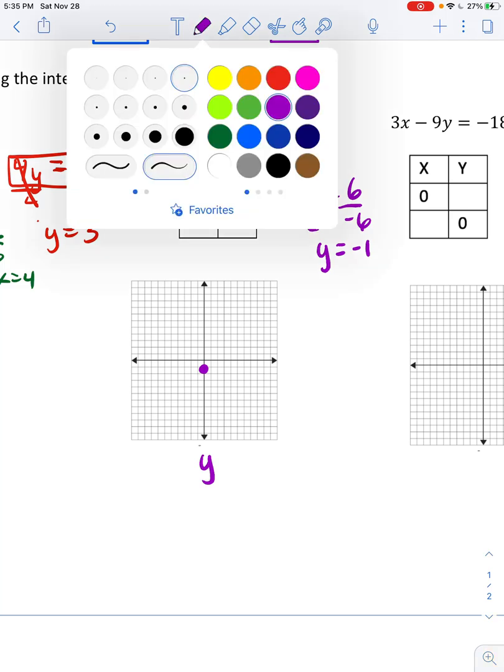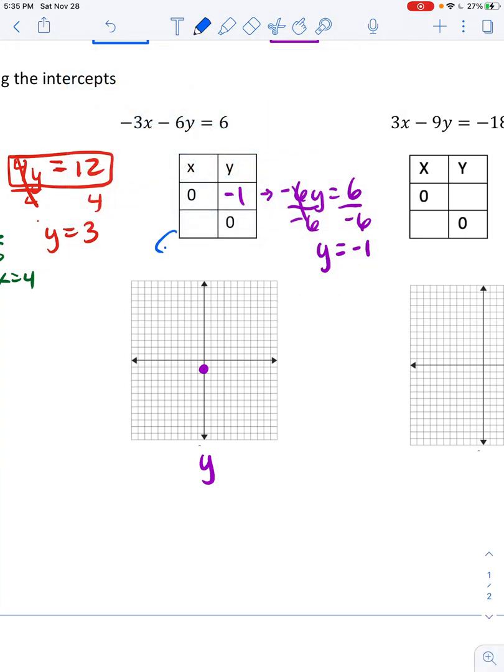Okay, now when it's time to do my x-intercept, I'm putting the 0 in for y because it's in the y column. So if I go to my equation and I put in a 0 for y, that will eliminate the y part, leaving me with negative 3x equals 6.